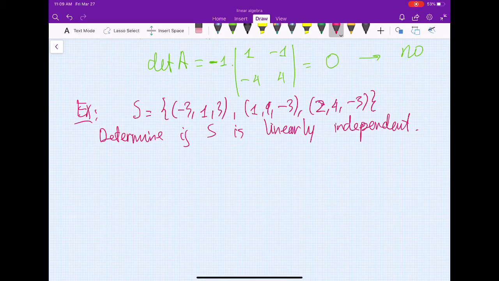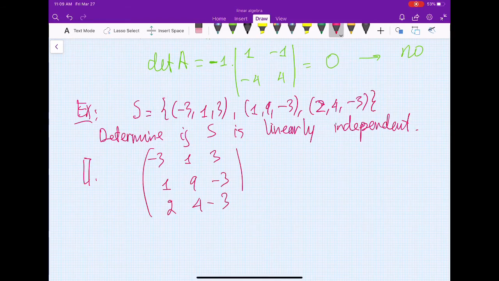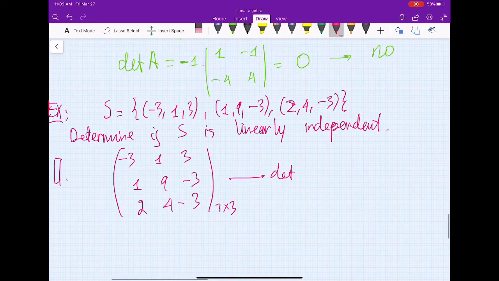It's okay. You have a 3 by 3 matrix. For square matrices, you can check the determinant. If the determinant is 0, rows of this matrix are not linearly independent. If the determinant is not 0, they are linearly independent. So your job is just to find the determinant.